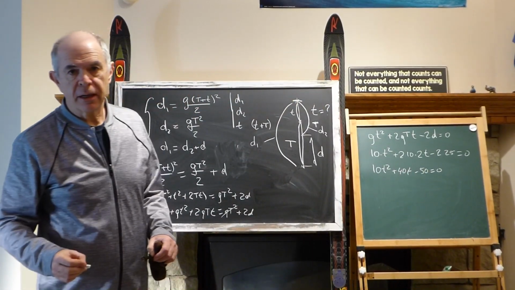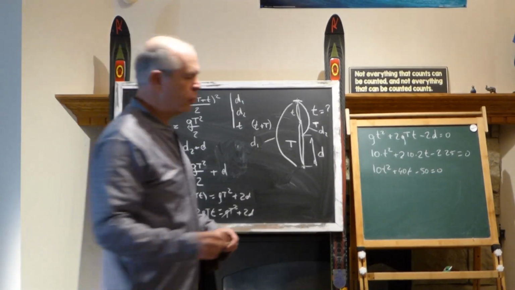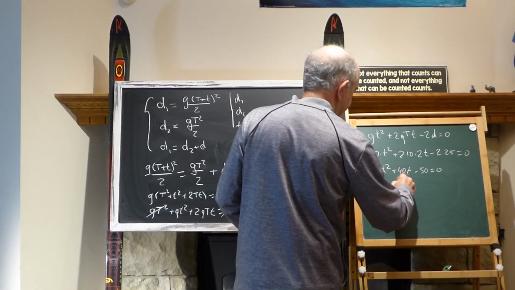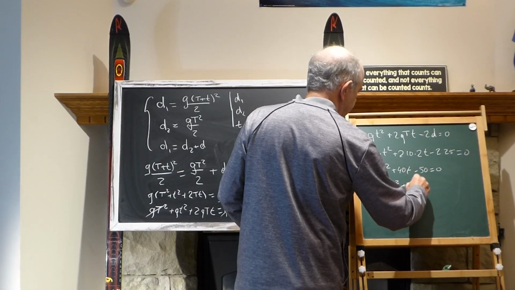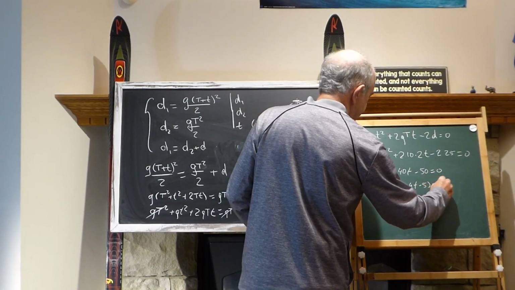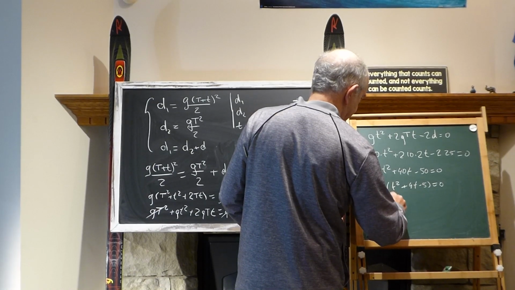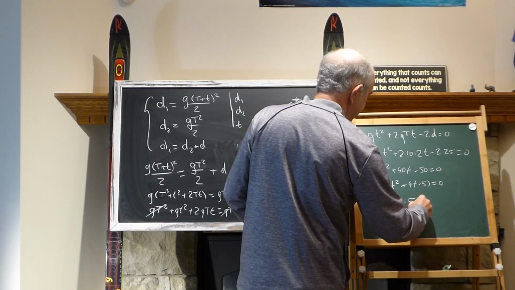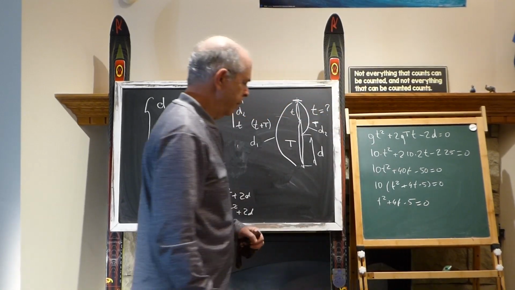What can we factor out? Pause. Of course we can factor out 10, and we have t squared plus 4t minus 5 equals 0.